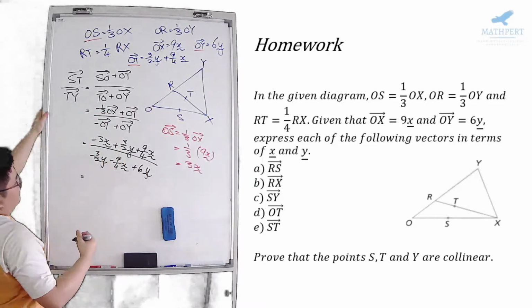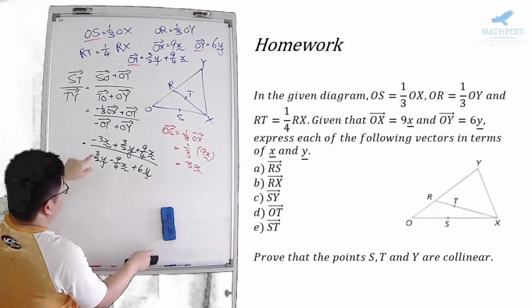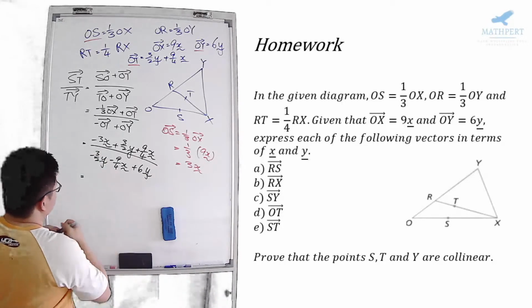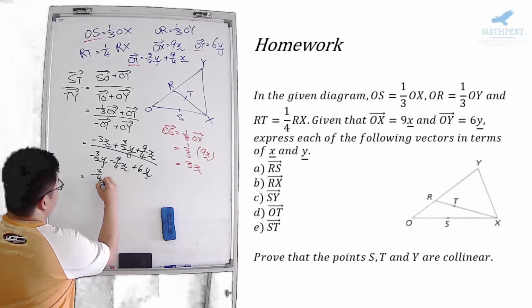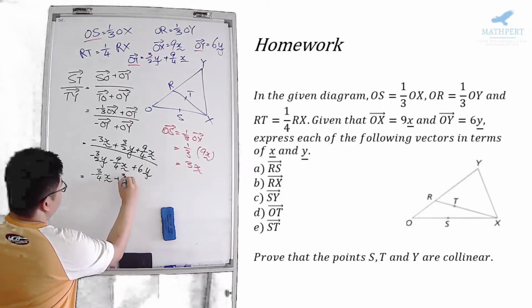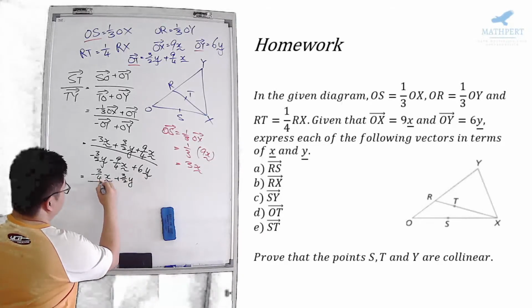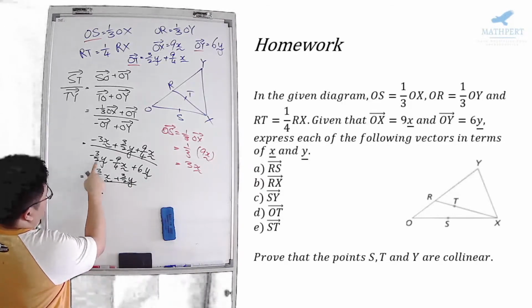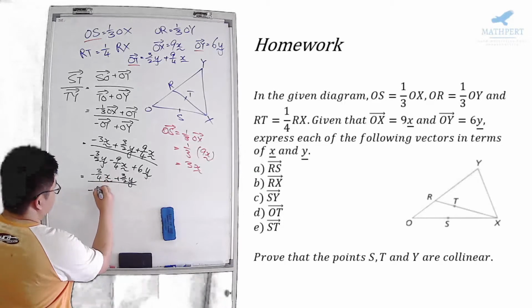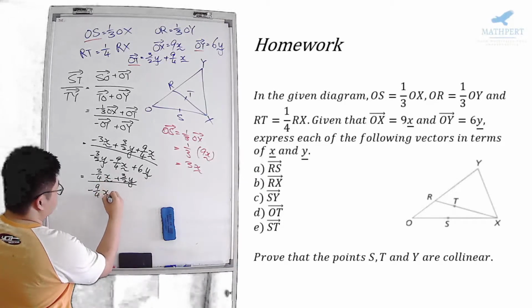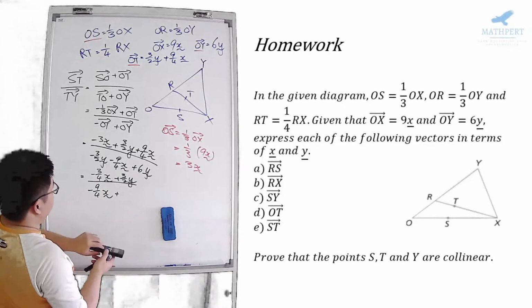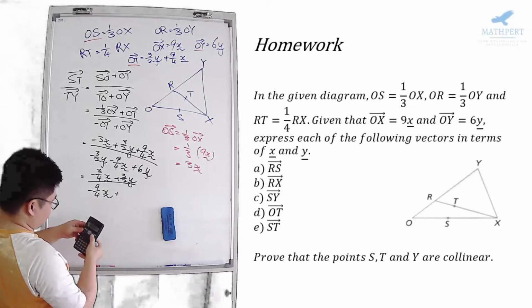So let's add this together. Negative 3 plus 9 over 4 is negative 3 over 4x plus 3 over 2y, over... Okay, let's put the x first. So negative 9 over 4x plus negative 3 over 2 plus 6.